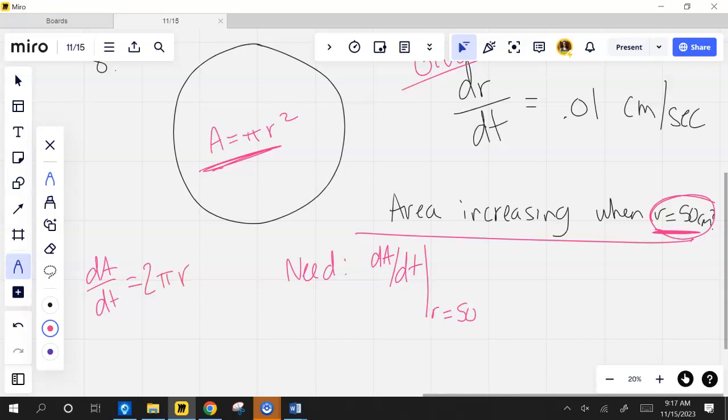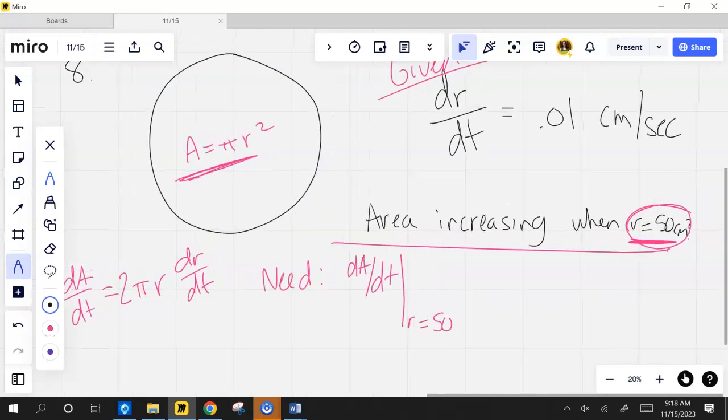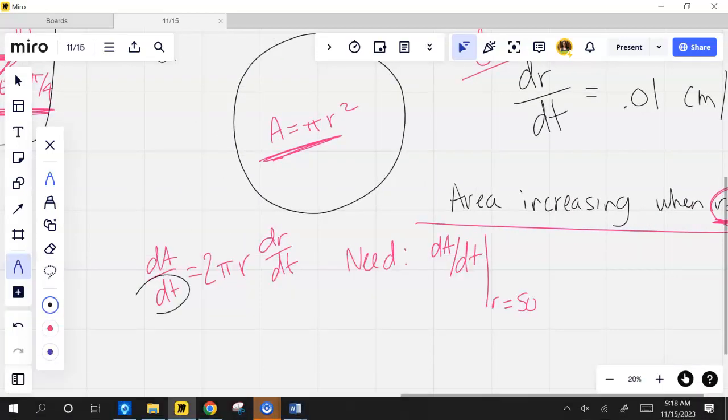2 pi r, that's it? So you're taking it with respect to r? dr/dt. Why dr/dt? I'm taking the derivative with respect to time, right? Unless this bottom variable matches the variable you're taking the derivative of, you have to chain it with a d whatever dt every single time.